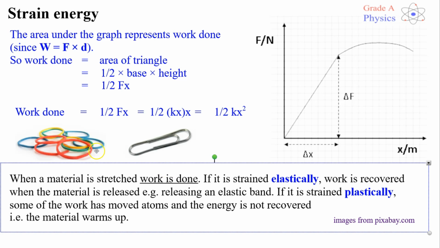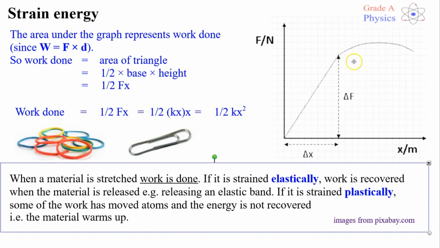But if we bend it backwards and forwards and end up changing the shape, so if you imagine getting an old credit card, not a current one, or something like a little piece of metal like a paper clip, if you bend that backwards and forwards, it will start to warm up and eventually break and deform. So that would be straining plastically.